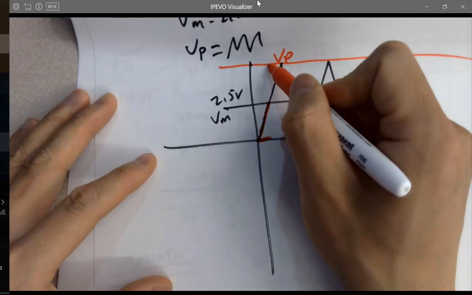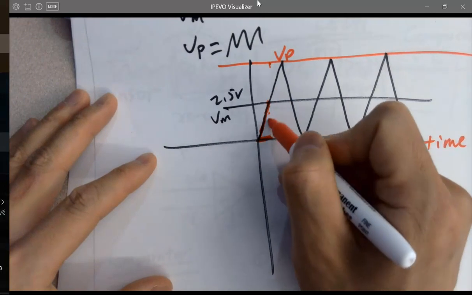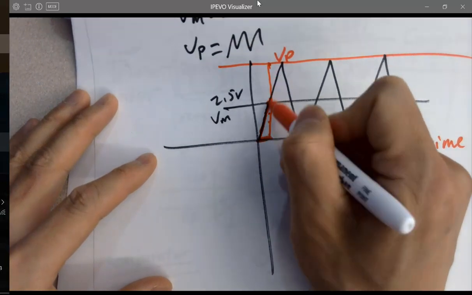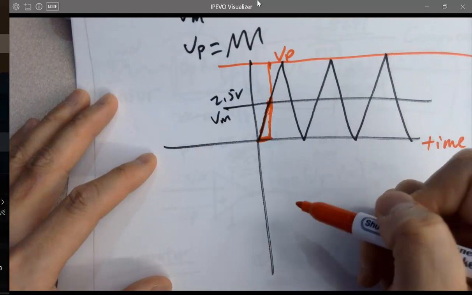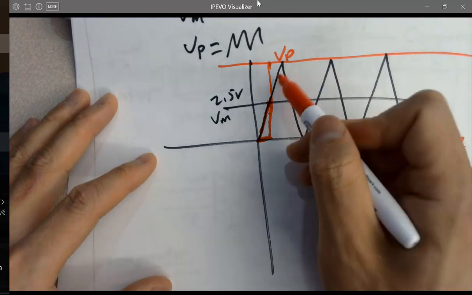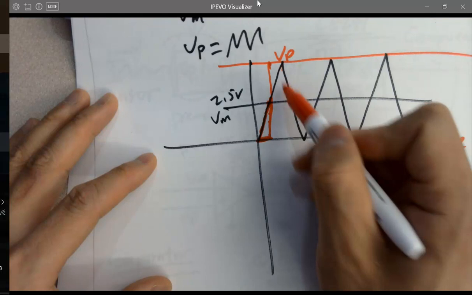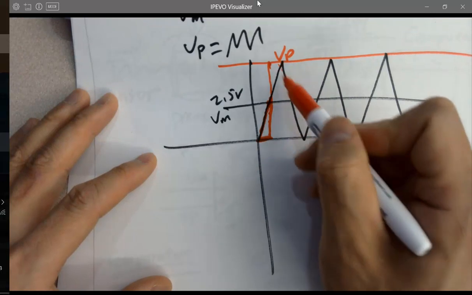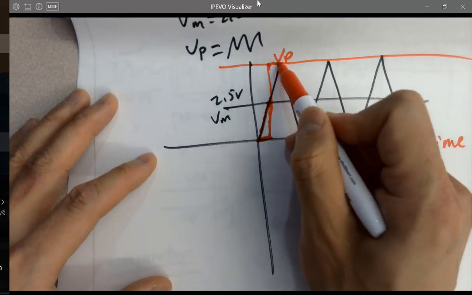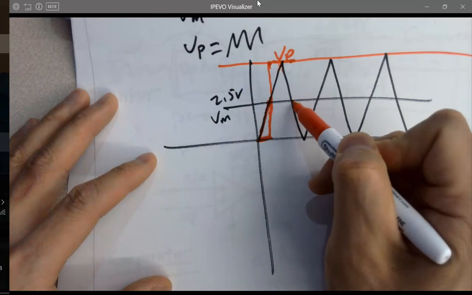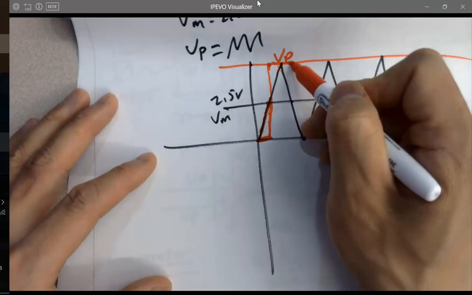Then it's going to jump to 5 volts. Because Vp stays above 2.5 for this period, it's going to stay at 5 until here. Whenever Vp is slightly lower than Vm, it's going to drop.